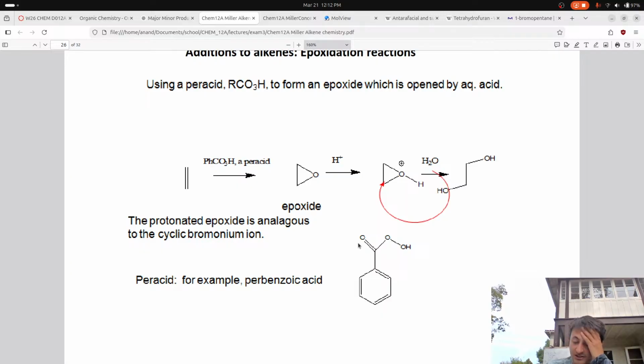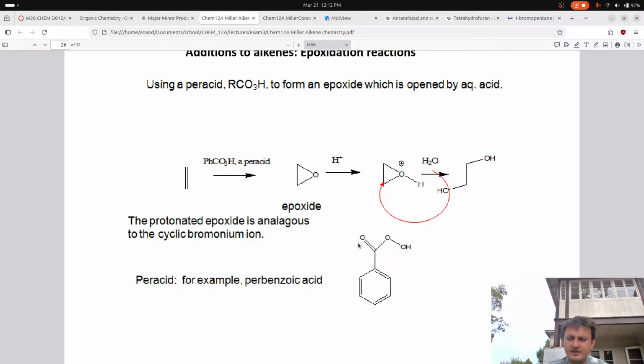There's only certain stereochemistry that comes with it, and it has to be an anti-addition. All right. Number 4 is halohydration, which is forming a halohydrin.